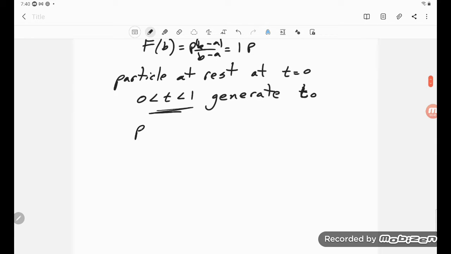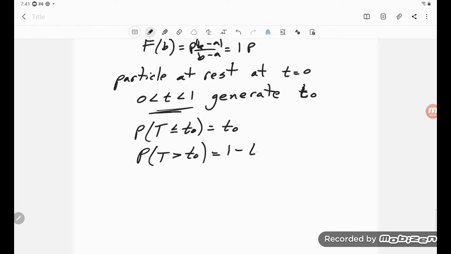And so the probability that this t, our random variable t, is less than or equal to t0 is t0. That's that probability. And so the probability that t is greater than t0 is then 1 minus t0.